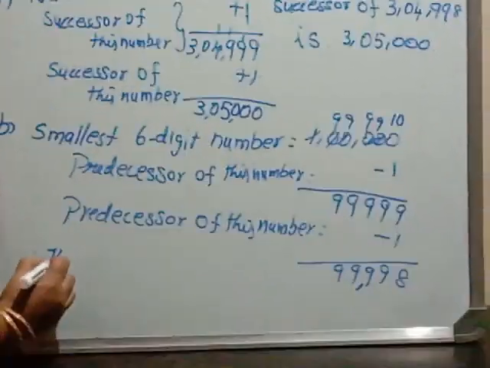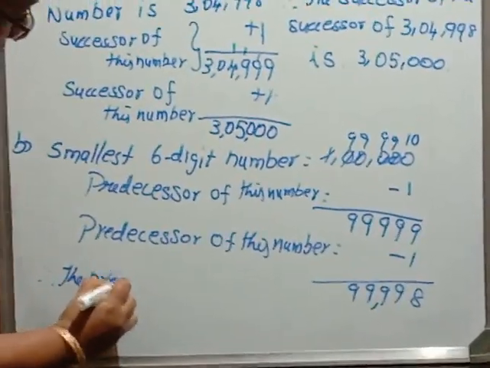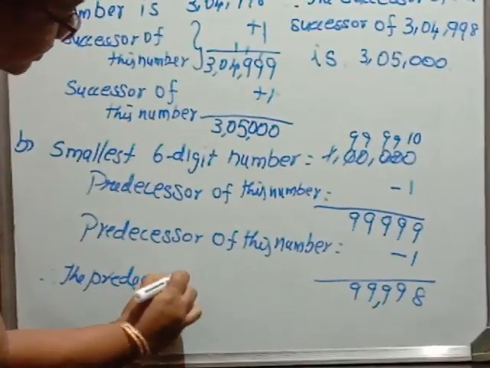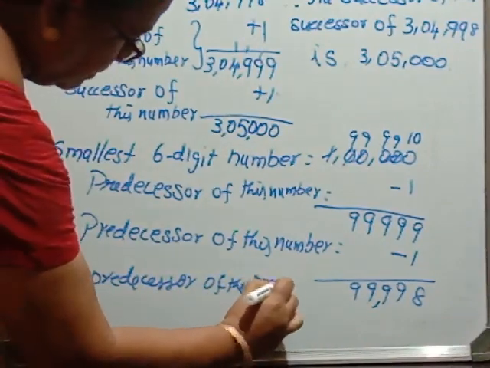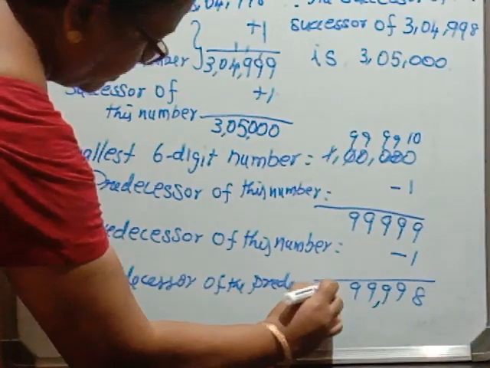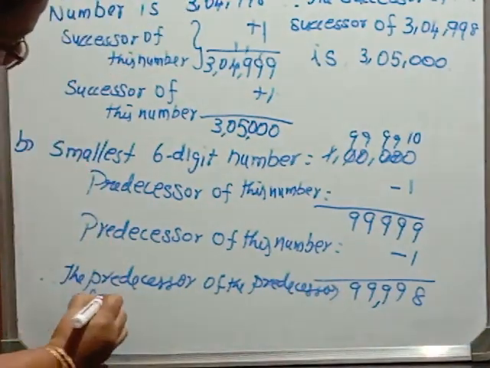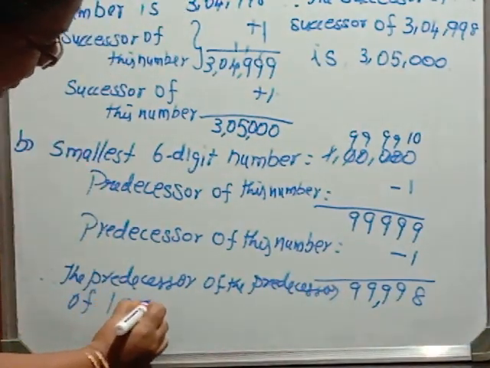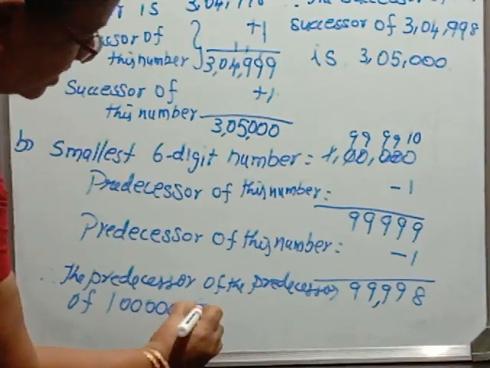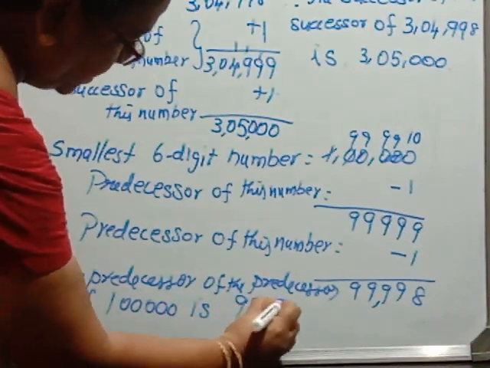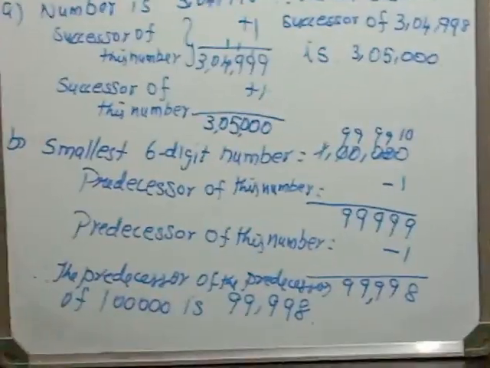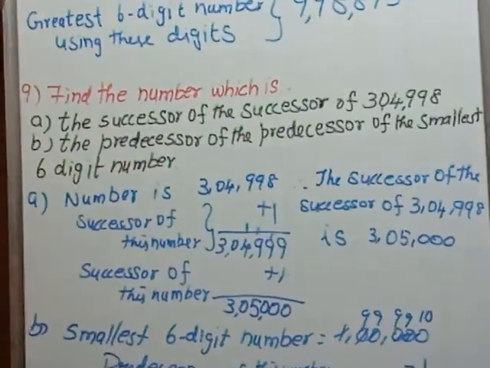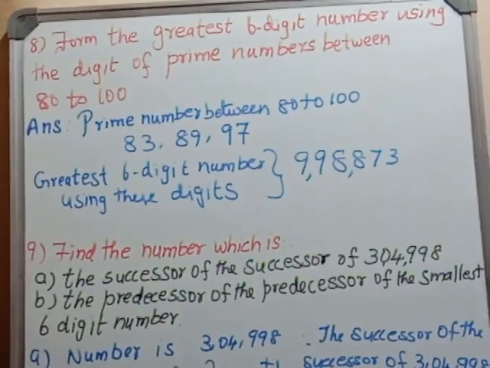Therefore, the predecessor of the predecessor of 1 lakh is 99,998. Children, listen to the videos, copy down all the sums in your CW without fail.